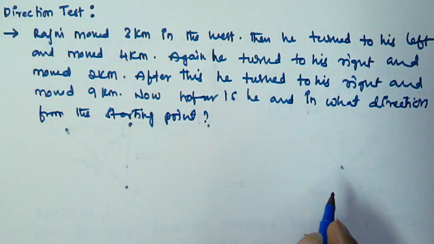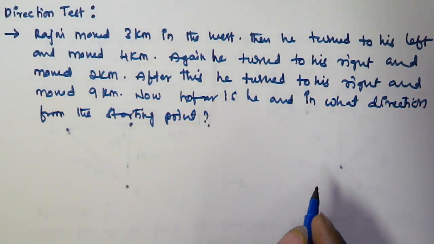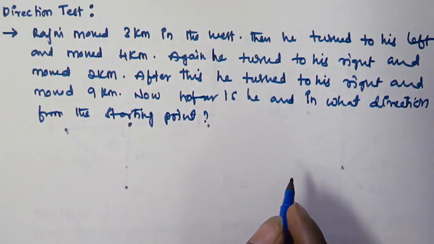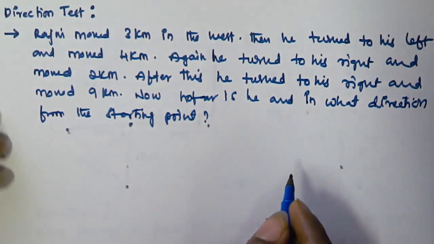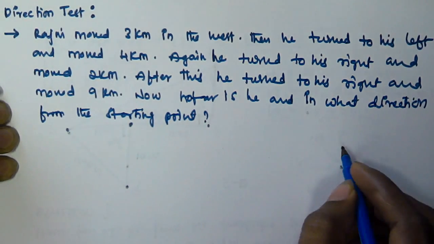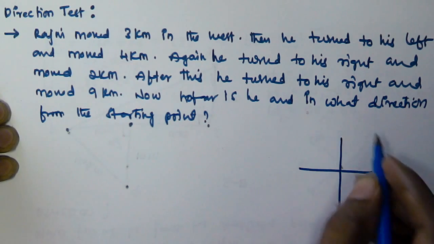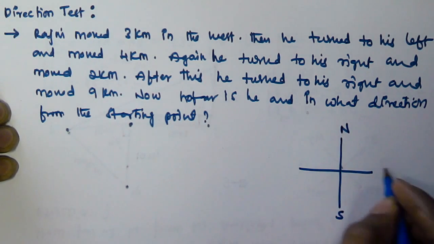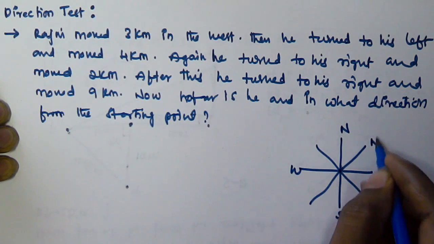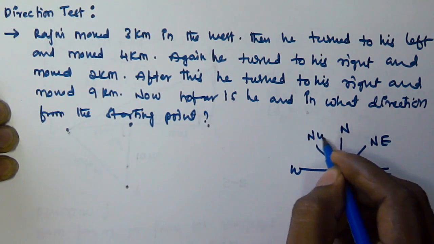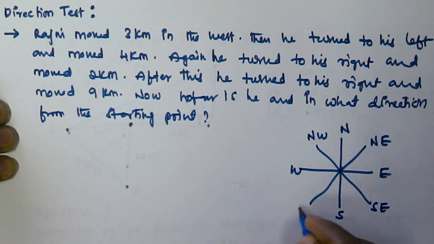Okay, so Rajni moved 3 kilometers in the west and then he turned to his left and moved 4 kilometers, right? So that means somewhere he is starting. So let's take the basic directions. So this is north, south, east and west, and this is northeast, northwest, southeast and southwest.